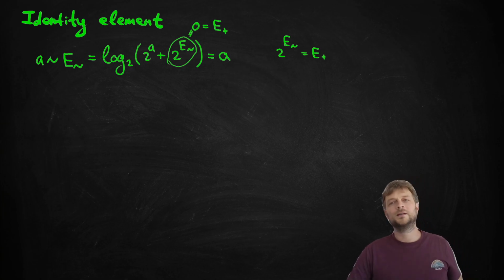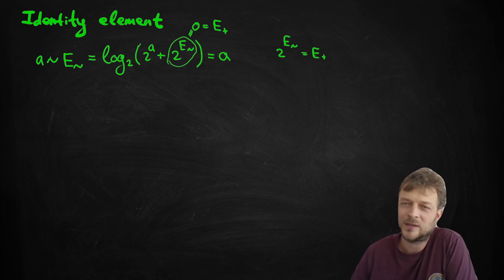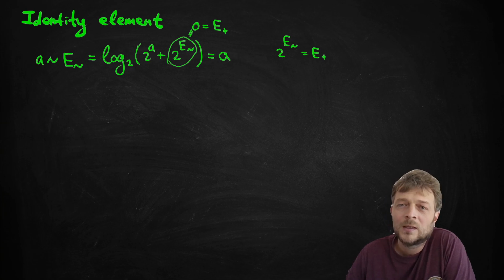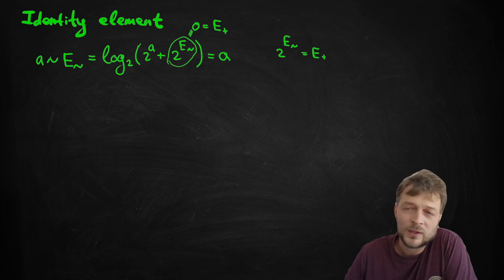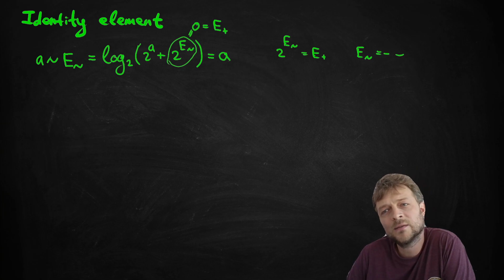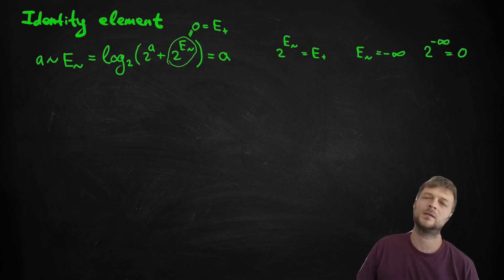It looks like an expression that can be generalized, but before we do that, let's see if we can solve this equation. You can potentially think that e tilde is minus infinity, because then 2 to the power minus infinity equals 0, and this is kind of what we want.